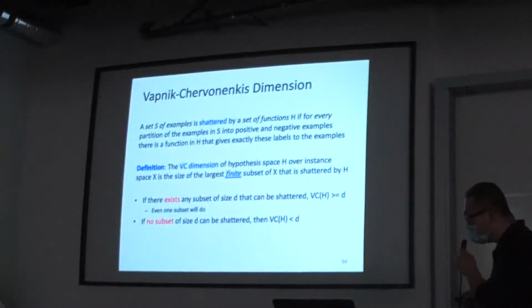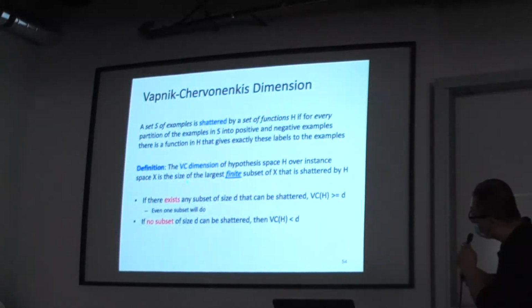Okay. And now, based on shattering, how do we define VC dimension? The VC dimension of a hypothesis space H over some instance space X is the size of the largest finite subset of X that can be shattered by H. So there are 2 critical points inside this definition to avoid you being confused.